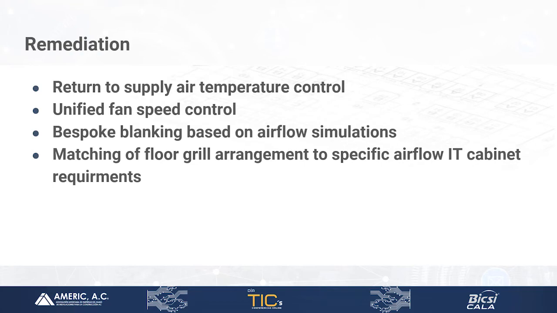So they wanted to do it safely first before making the actual change in the real data center. They unified their fan speed control. They built some bespoke blanking based on the simulations in Digital Twin. They rearranged and added different types of floor grills so that the airflow supply matched the airflow requirement from the IT equipment better.